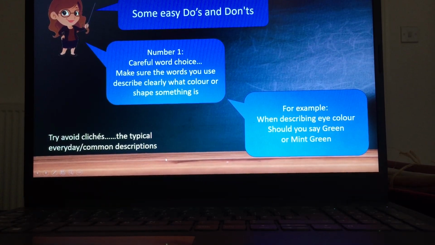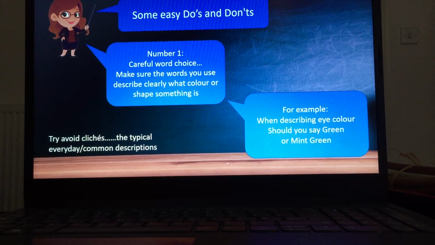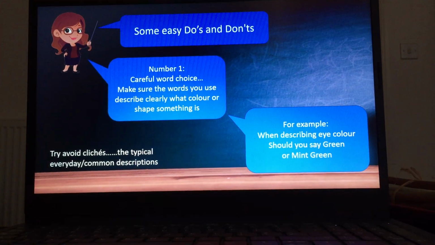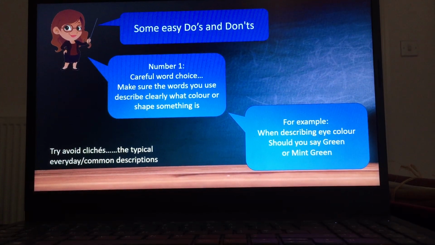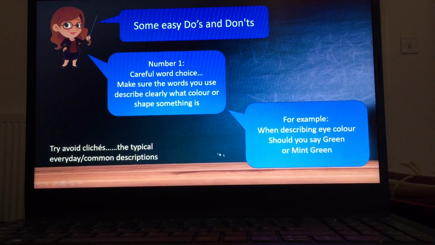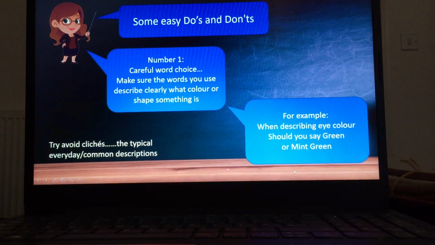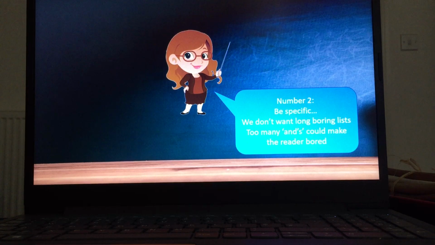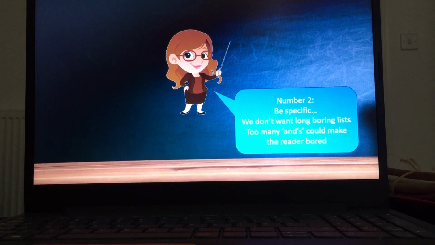Try to avoid cliches, the typical everyday common descriptions, such as sky blue, sun yellow. Very boring in their descriptions. The second one would be specific. We don't want long, boring lists.